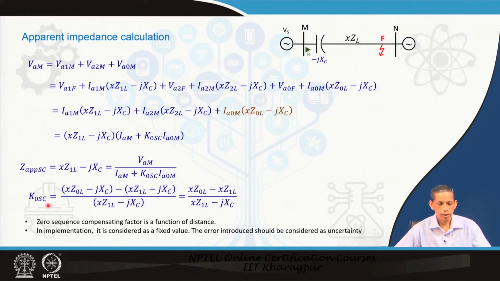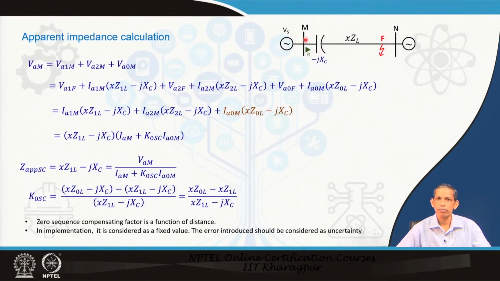Now, in the earlier K0 we had (Z0 minus Z1) upon Z1. In this new relation we have jXC and also x, where x is the location of the fault. Therefore, we conclude that the zero sequence compensating factor is a function of distance. Note that this is a big challenge, because the distance relay does not know the distance of the fault.